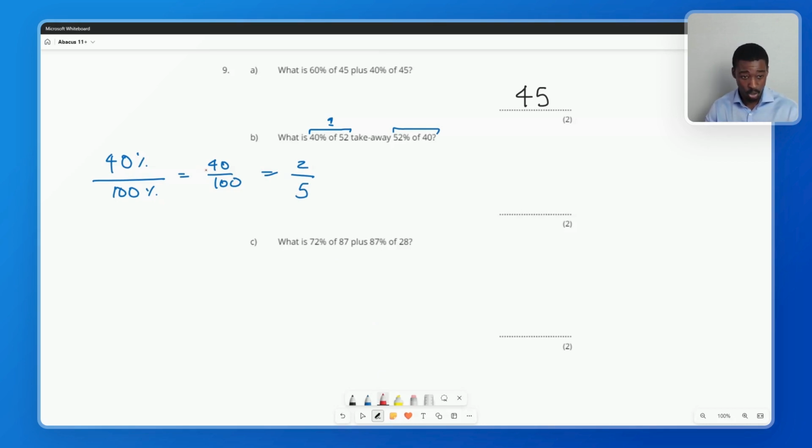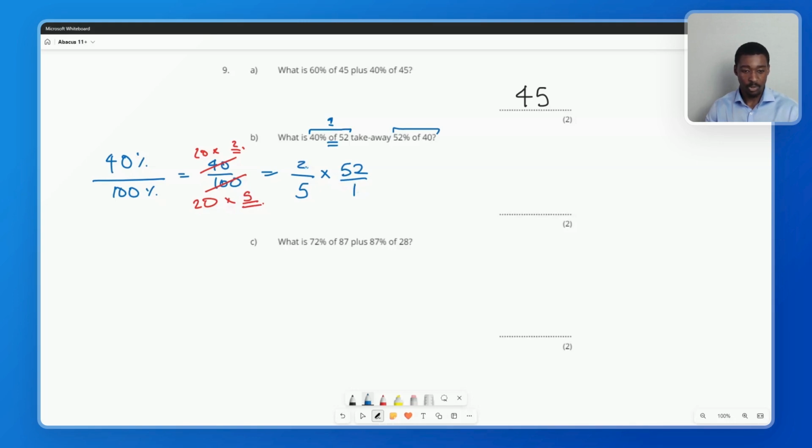Because 20 goes into 40 2 times, and 20 goes into 100 5 times. So we have 2/5 of 52. And remember, in maths, when it comes to percentages, "of" is simply a code word. It simply means multiplication. So we have 2 over 5 times 52 over 1.